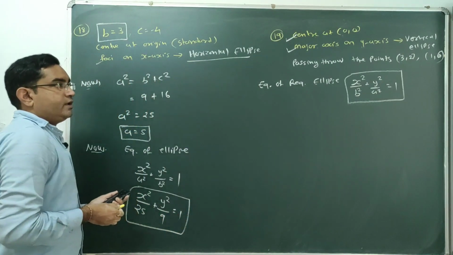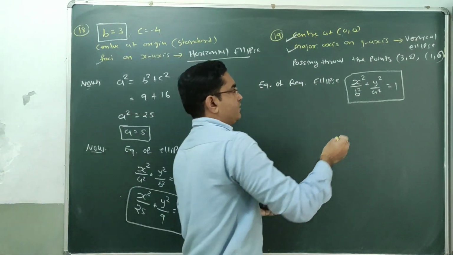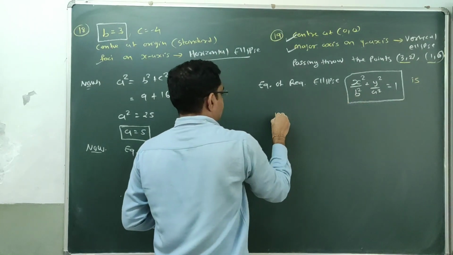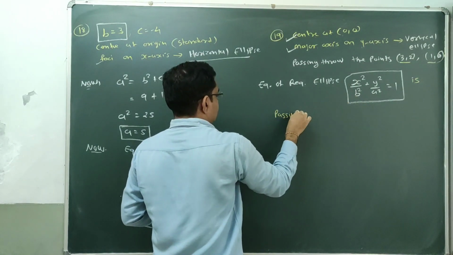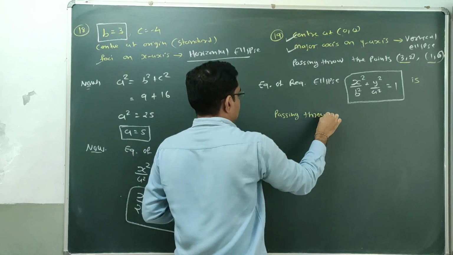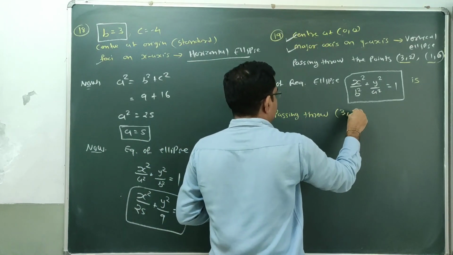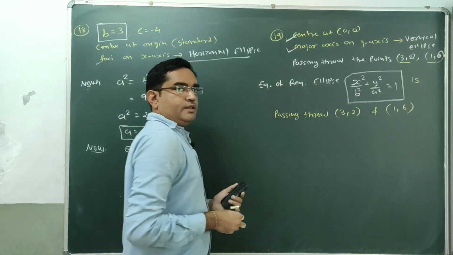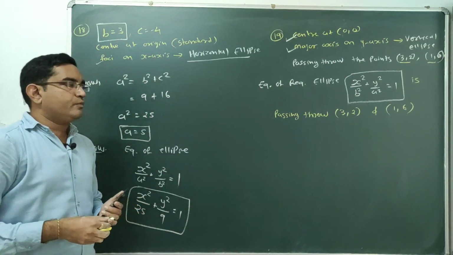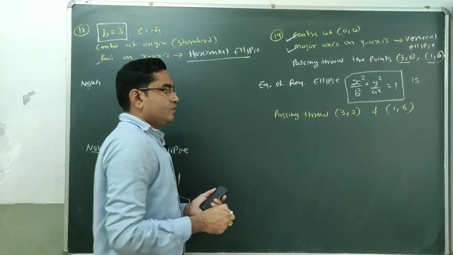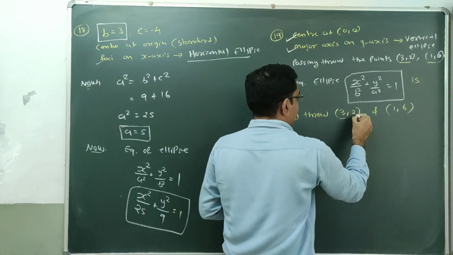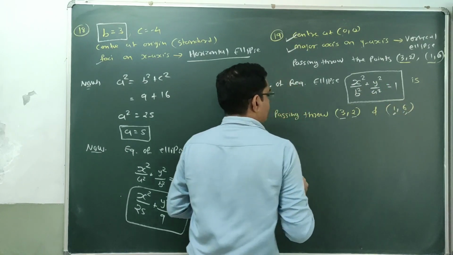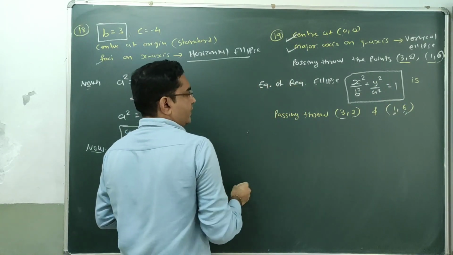And this vertical ellipse is passing through these two points, (3, 2) and (1, 6). Whenever any curve passes through these two points, the coordinates of this point will satisfy this equation, as well as the coordinates of the other point. And therefore what can we write?